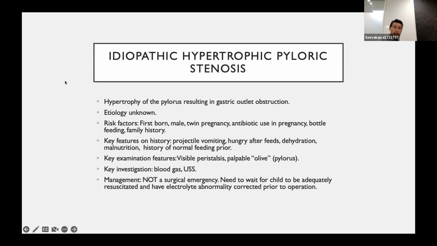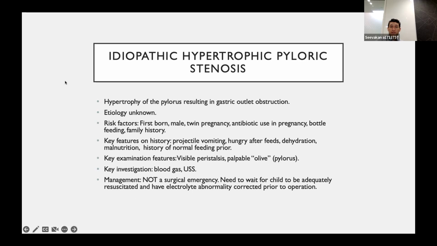Another thing they'll say that I haven't put down here is that their vomit smells, because it's literally just breast milk that's been sitting in their stomach for a long time. Sometimes people will say there are curds in it, which is partially digested milk. The vomit is almost always milk, so it's not going to be bilious, it's going to be milk.